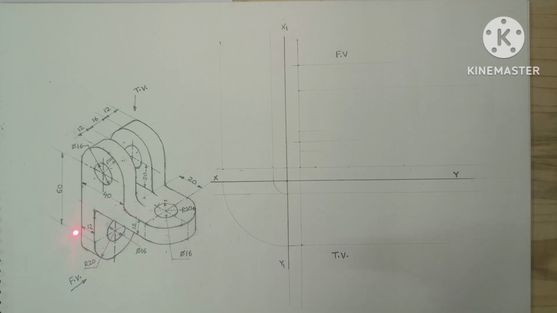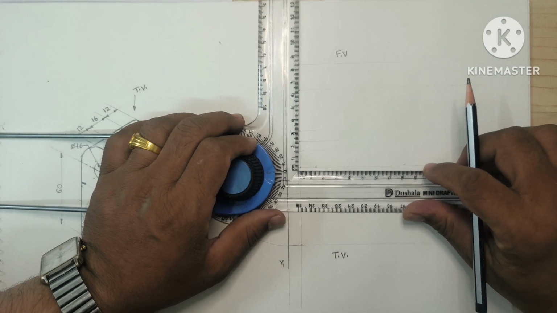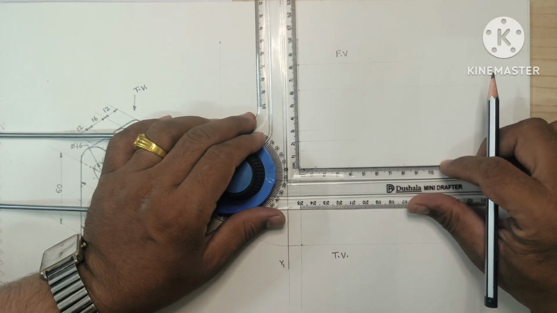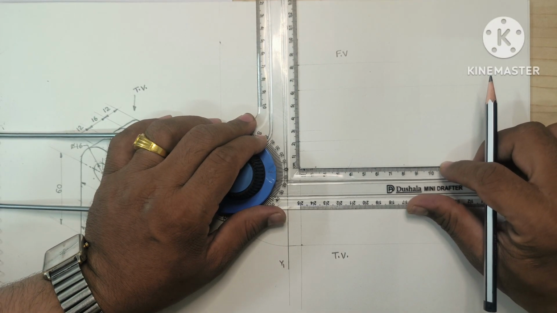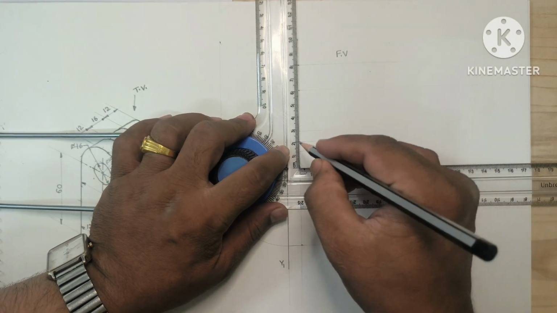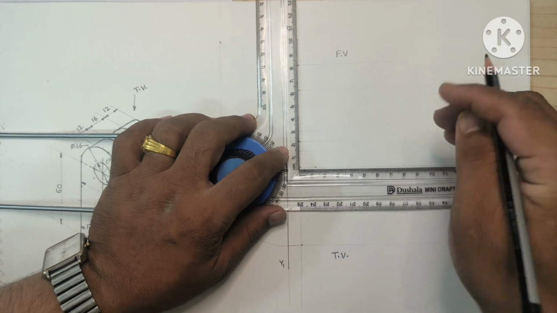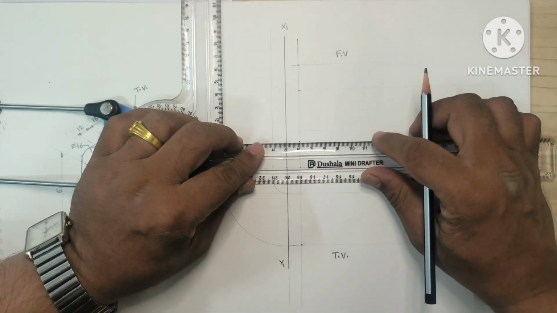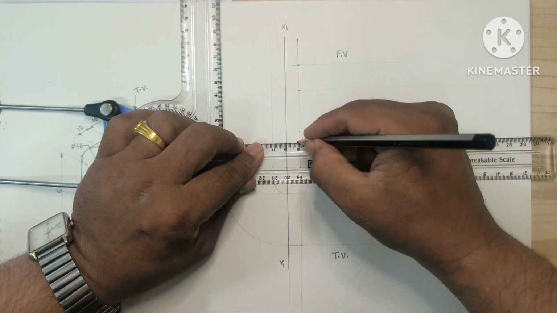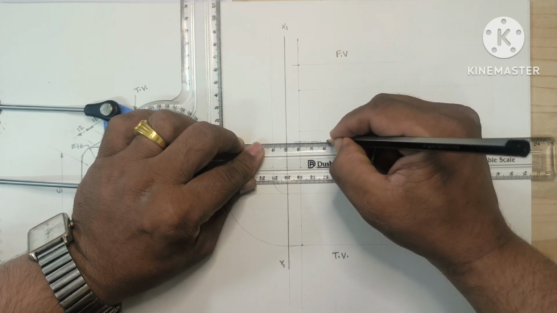And then from this point again the center line is at 60 mm. First of all, I will take the center point or the center line. I will consider this point as the 20, that is the center line. Then I will draw the center line here.